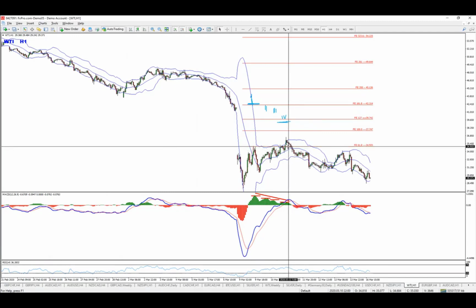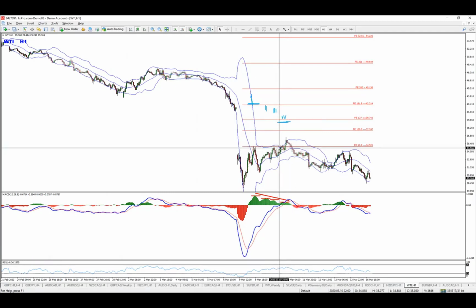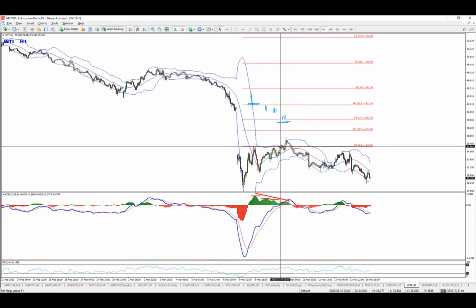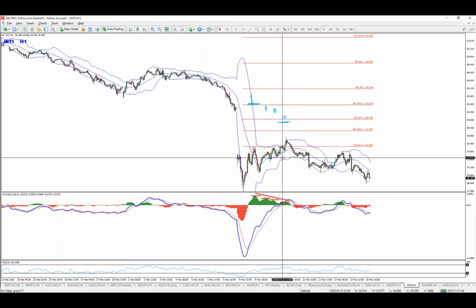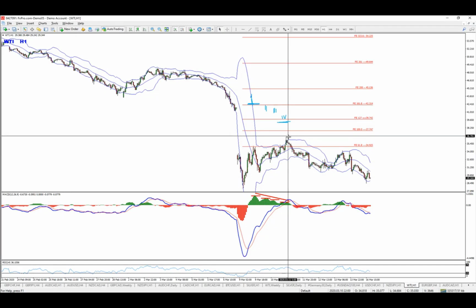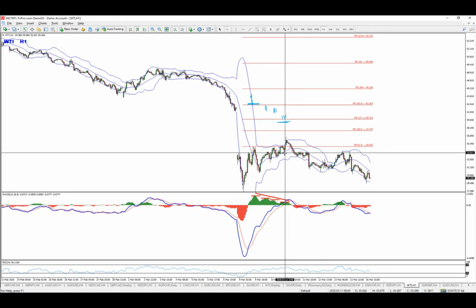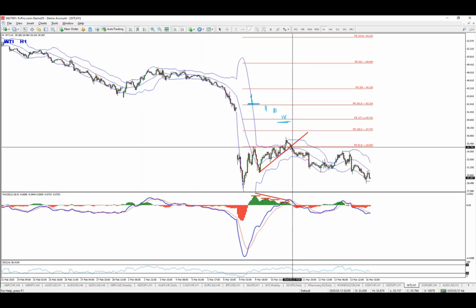61.8 false broken. We attempted to break above it, pushed down, no break below this low, pushed up again, and then we got the break below this newly formed low. We also had this trend line breakout here, which came pretty much at the same time we pushed below the 20 MA.